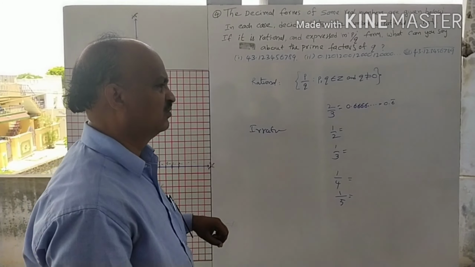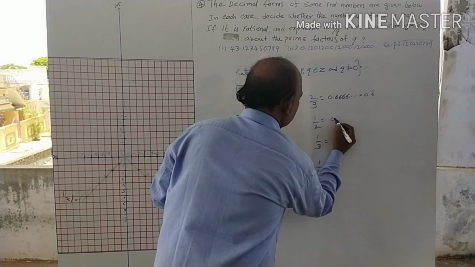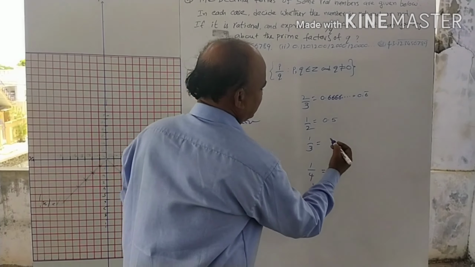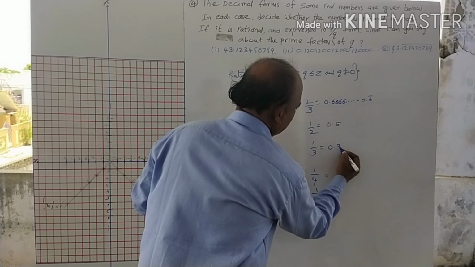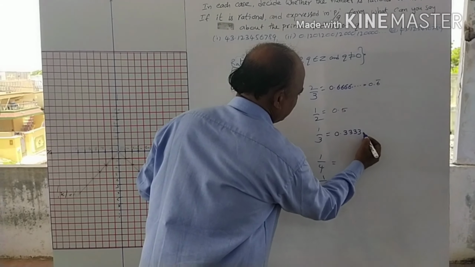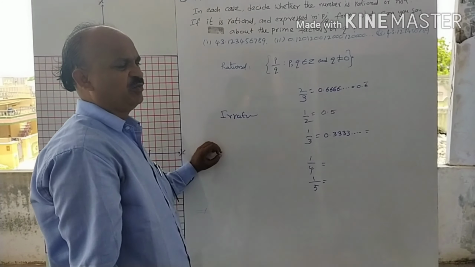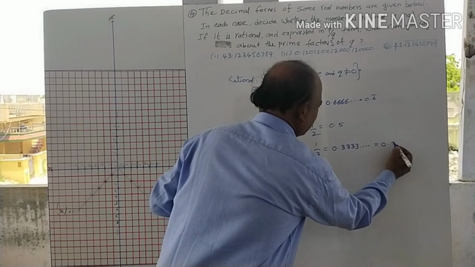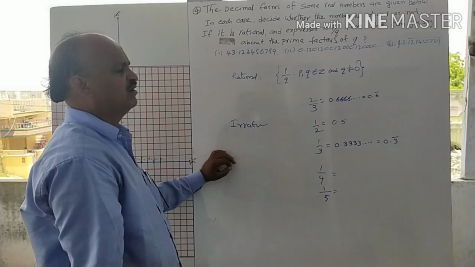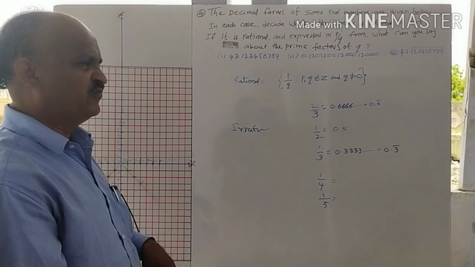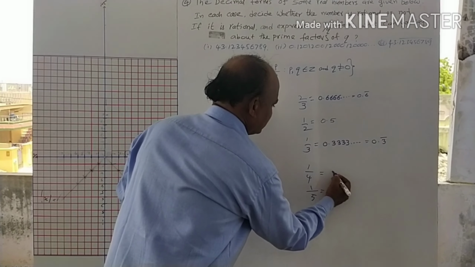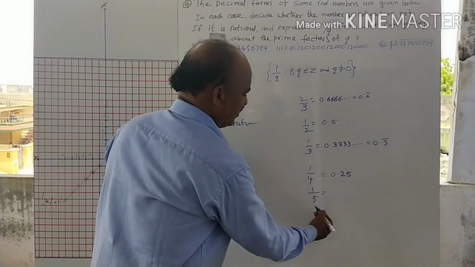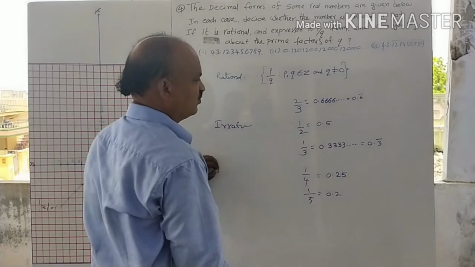1 by 2 is the decimal form 0.5. 1 by 3, the decimal form 0.3333 and so on. 3 is repeating, that is, 3 is recurring, it is a recurring decimal, 0.3 bar, recurring on 3. 1 by 4 in the decimal form is 0.25. 1 by 5 is 0.2.